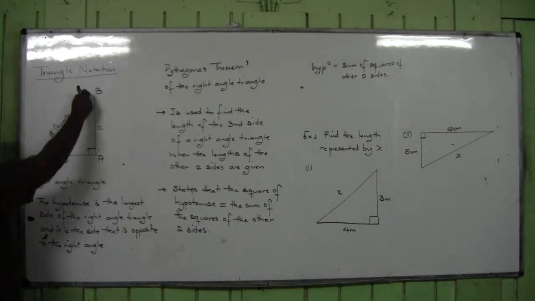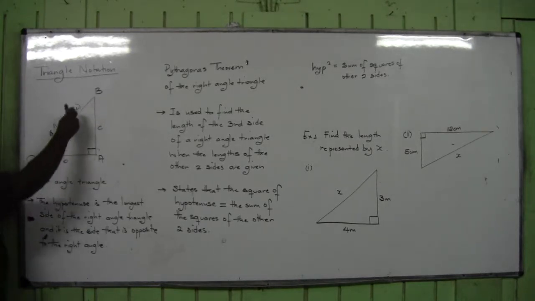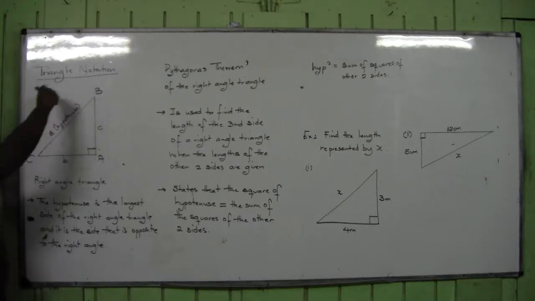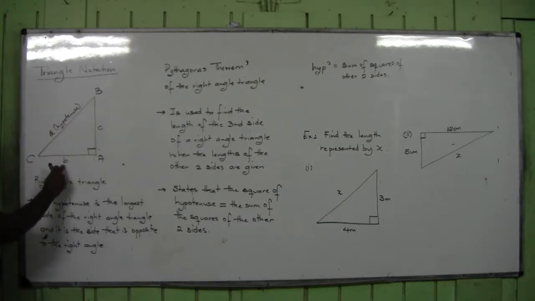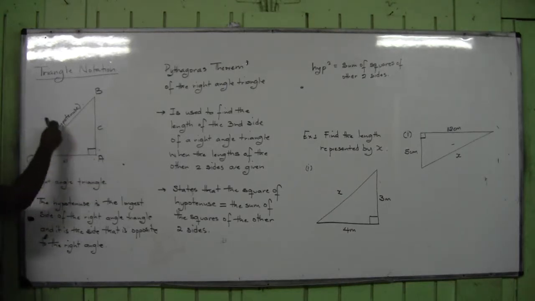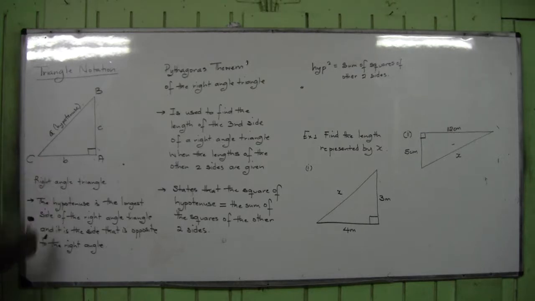This is angle B, and the side opposite to angle B is labeled common B. This is angle A, and the side opposite to angle A is labeled common A. The side that is opposite to the right angle is the hypotenuse.